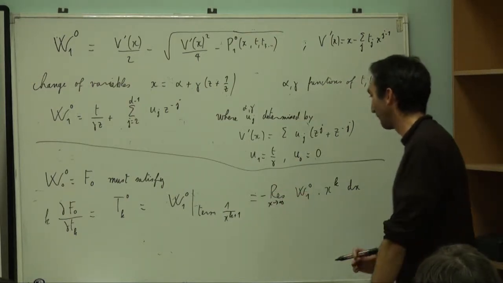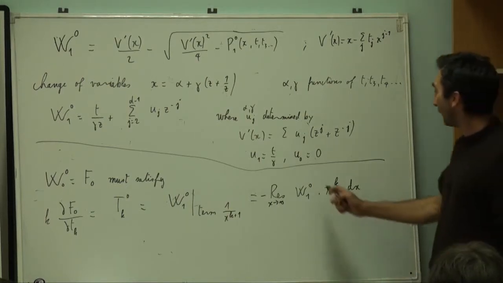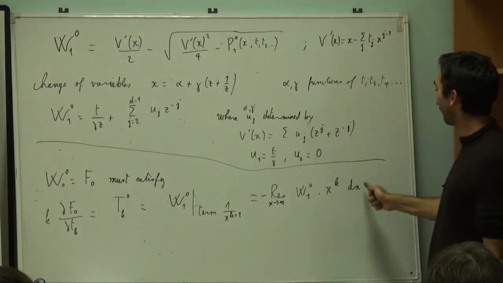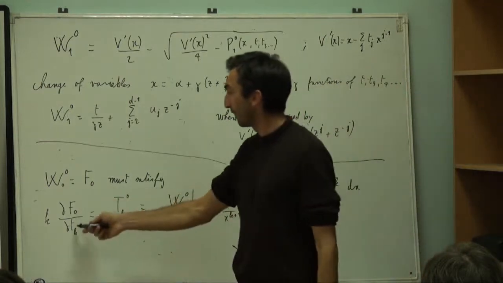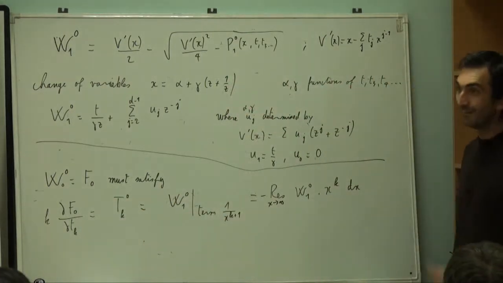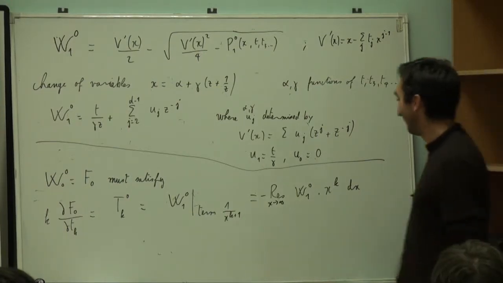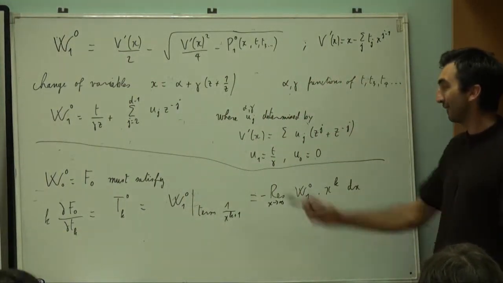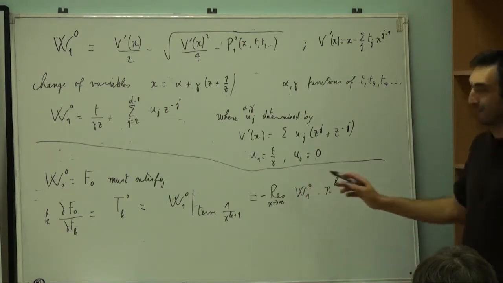So to be precise, this is the actual result. We know W10 explicitly here, so we can compute this residue explicitly. So we know the derivative of F0 with respect to t_k, and now it remains to integrate. It's not that easy to do, but if I give you an expression for F0, you can compute the derivative with respect to t_k and check that it matches.